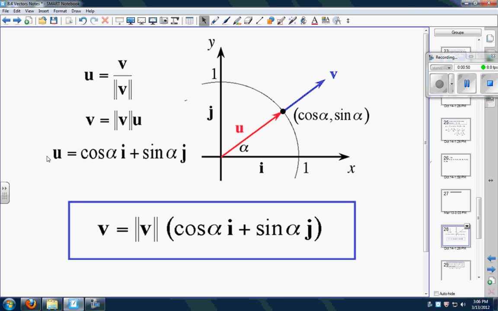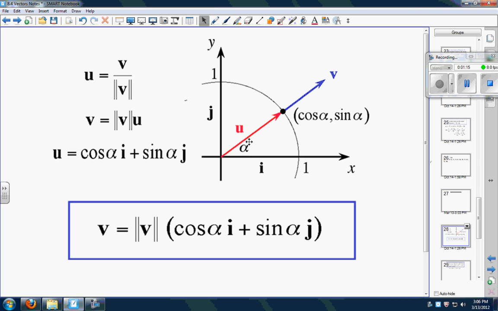Now, a unit vector, if we actually give it an angle here. So we take this picture. Here's the i component, here's the j component, here's a circle with the radius of 1, because that's what a unit vector is. It always has a radius of 1. So it's going in the direction, but it only has a magnitude of 1.